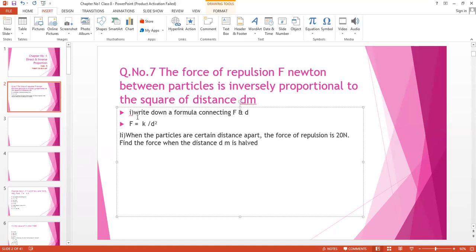Always remember, first of all, we have to find the value of k. Before finding the value of k, we are unable to find this force, because here k is unknown and force is unknown. They only gave us that the distance is half, but they don't give us the rest of it.